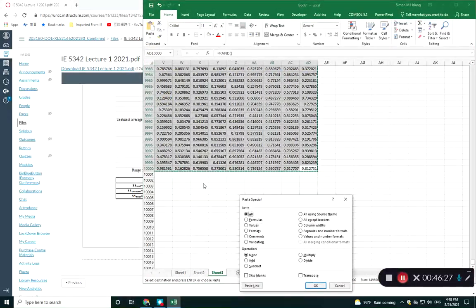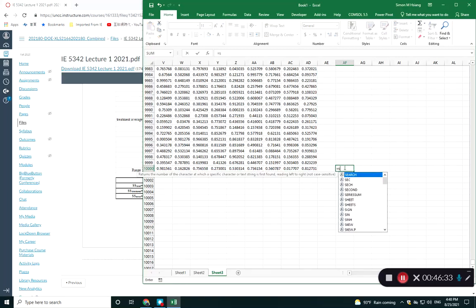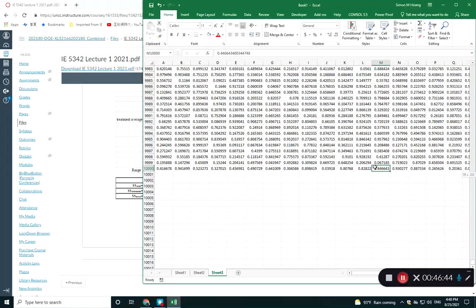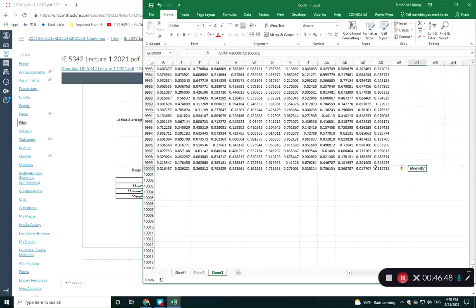Paste special value. And once I do that, I lock the numbers. And of course, you want to have a perfect shape. You should have as many as possible to take the average of. So 10,000 maybe not good enough. Maybe 1 million would be good.